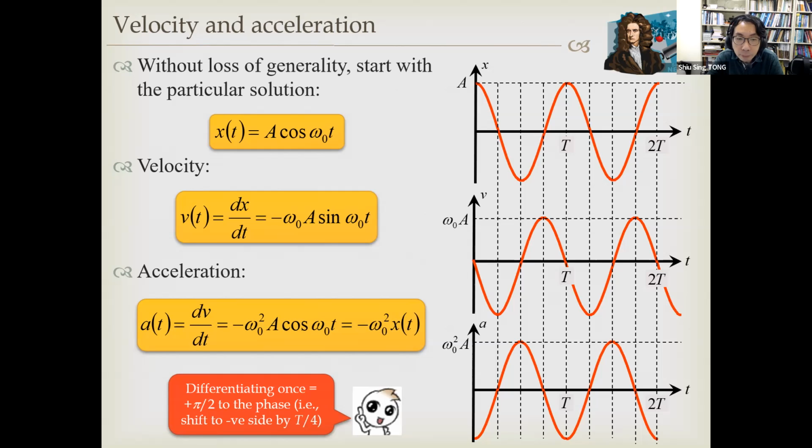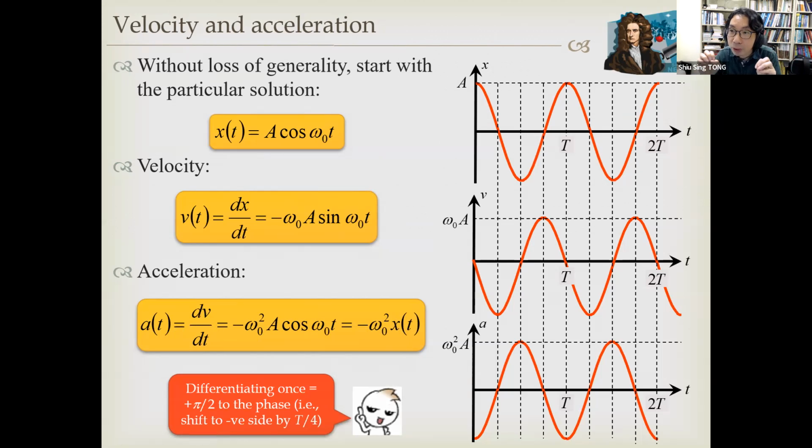Now, I want you to notice one thing. For the oscillation, the displacement changes as a cosine, but the velocity changes as a minus sine, and the acceleration changes as the minus cosine. Now you see the acceleration and the displacement are proportional to each other, but they are in the opposite direction. This is a very special property of simple harmonic motion.